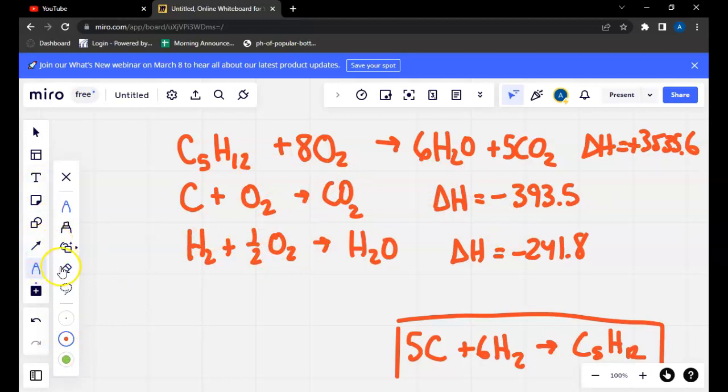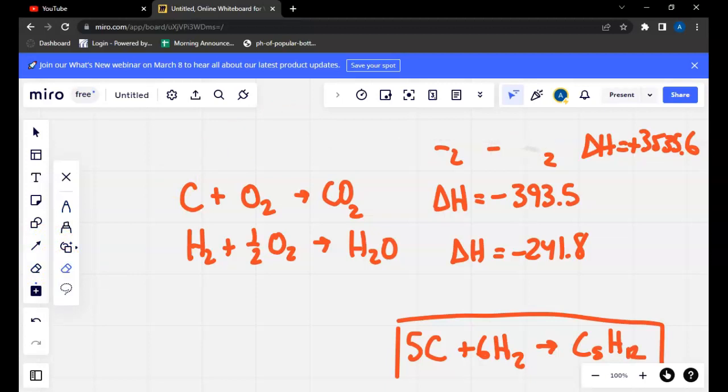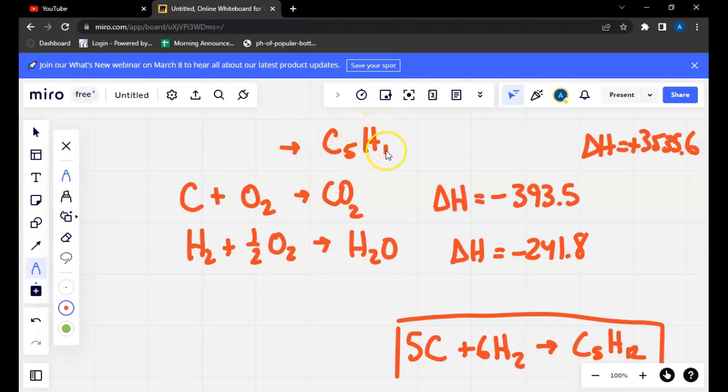So I'm just going to erase that real quick and flip it around, so that now the C5H12 and O2 are on the right. Then we have the H2O and CO2 on the left with our 5 and 6 there with 8 there. So now everything is correct based on what side things are on.